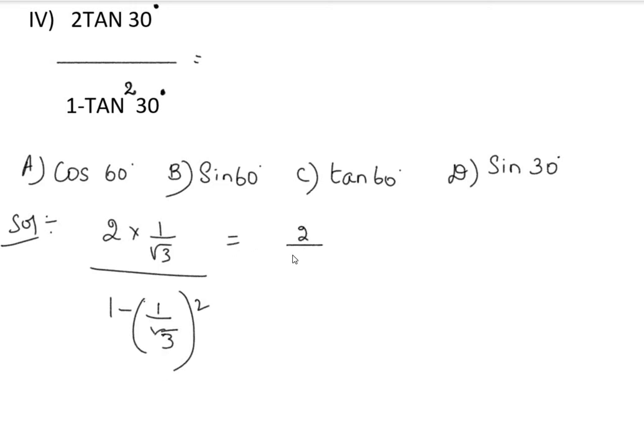So I'll get 2 by root 3 by 1 minus 1 by root 3 square, which is 3. 2 by root 3, and 3 minus 1 by 3 is 2 by 3.